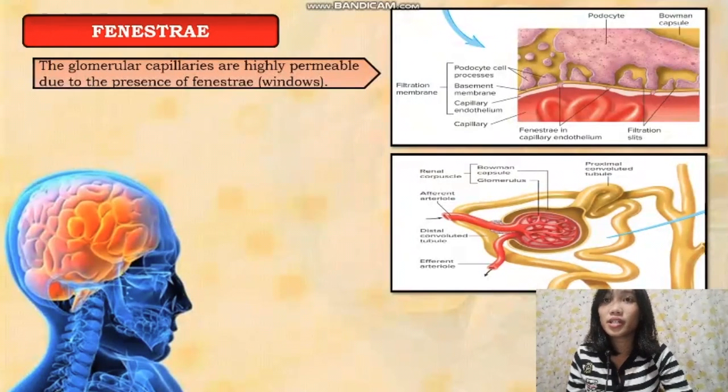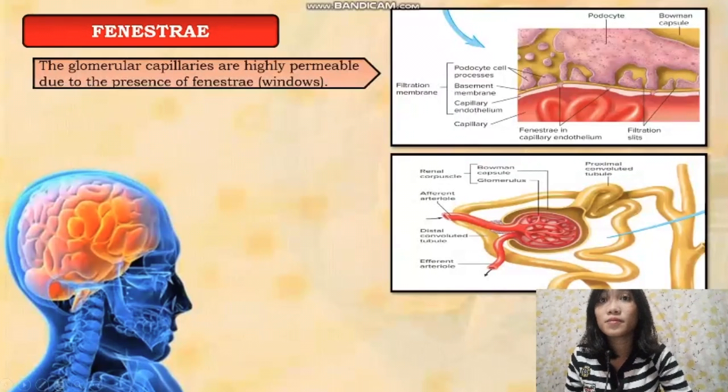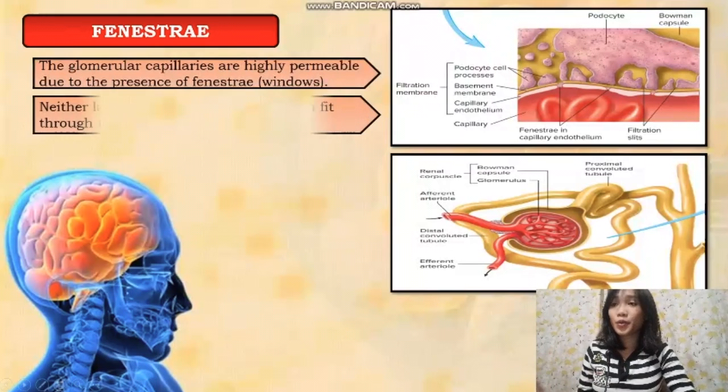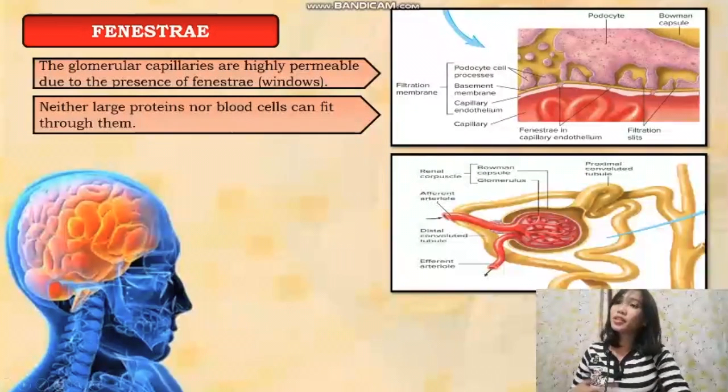Here in this picture, this is the fenestrae. It looks like an opening. Neither large proteins nor blood cells can fit through them.